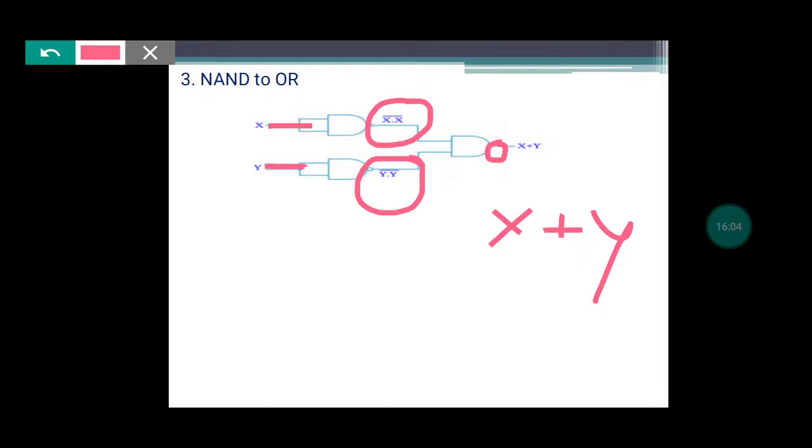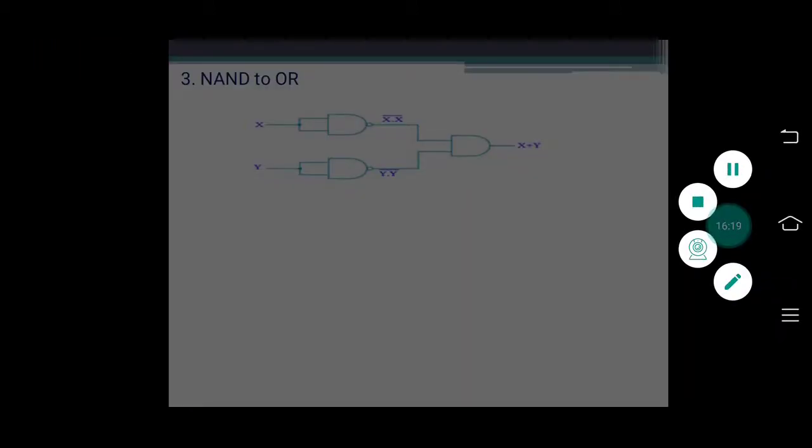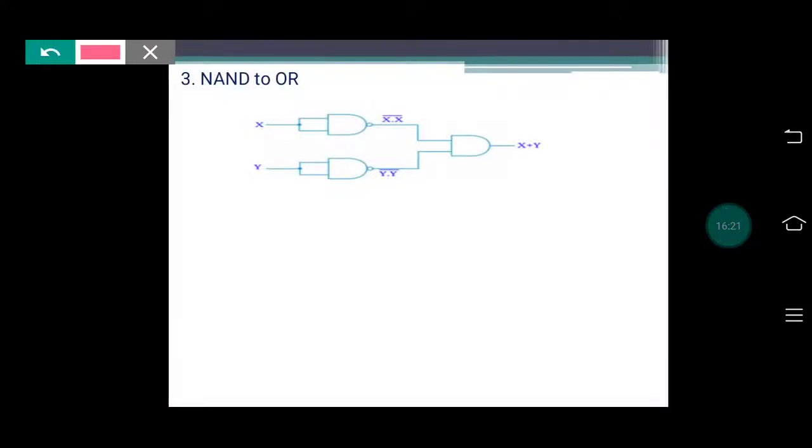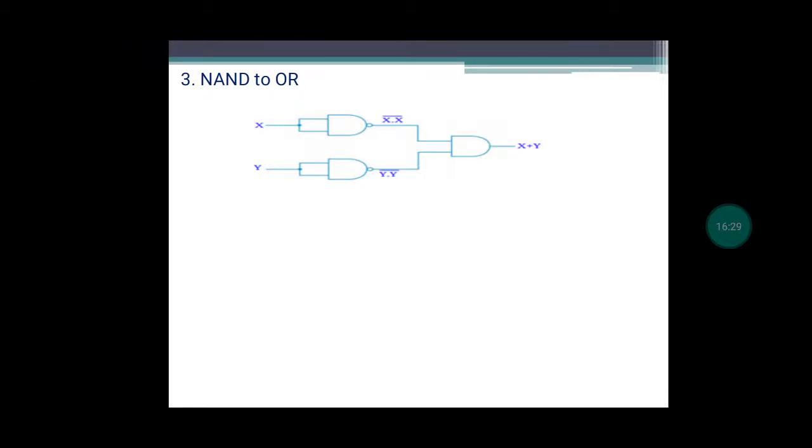After providing x NAND x and y NAND y as inputs to this NAND gate, your output will be x plus y. Now we will see how we get this output. So don't forget, just put a bubble here. Now we will see the derivation.